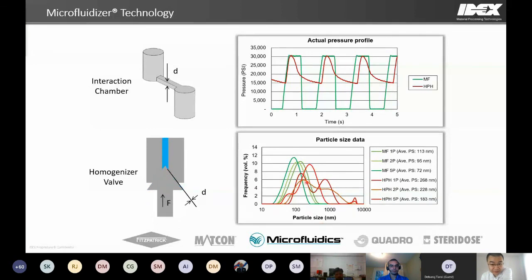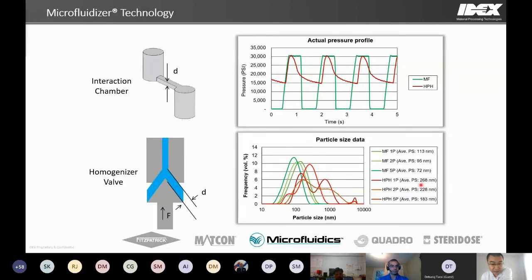The samples processed through the microfluidizer processor, which are the three green curves here, all showed small particle size with very good distribution, even after just one pass. Whereas the samples processed through the high pressure homogenizer under identical conditions, which means in this case the exact same process pressure, temperature, and the same number of passes, showed as all these red curves here, all have large particle size and wide distribution, as indicated by either bimodal or multimodal distributions.